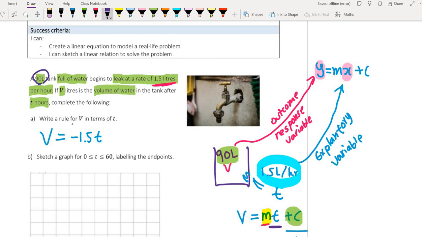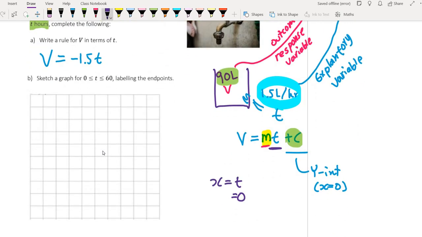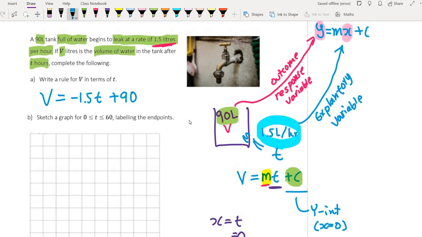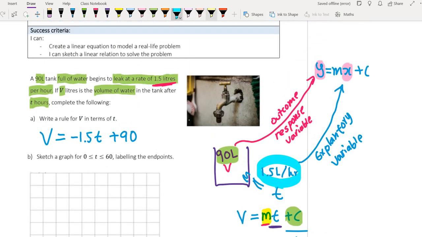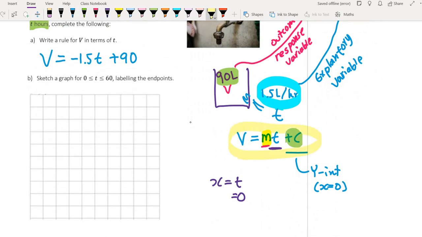Well, at the very start, when no time has passed, we have 90 liters of water. So C is going to be 90. And that's our equation. Our equation follows the same format, in this different context.